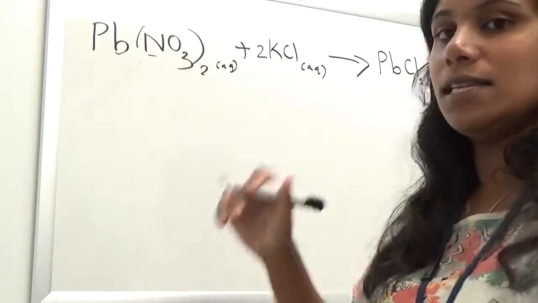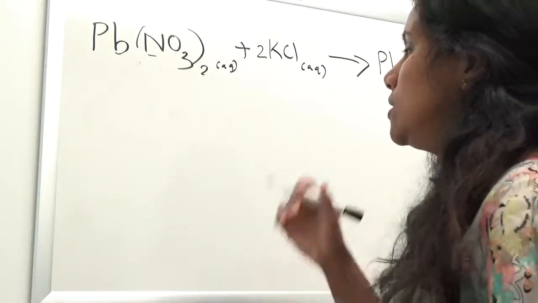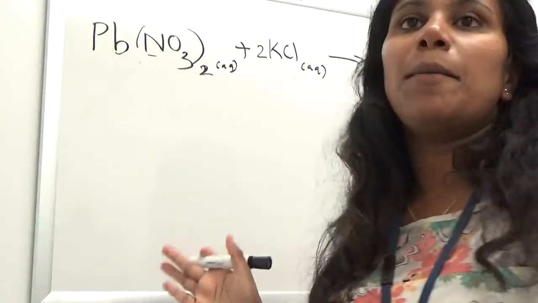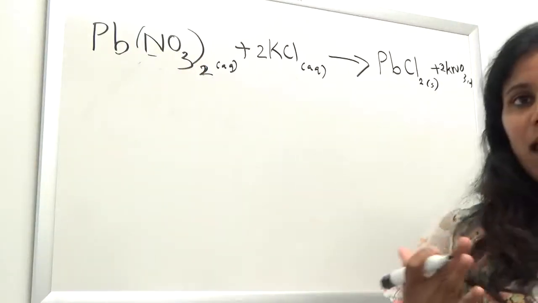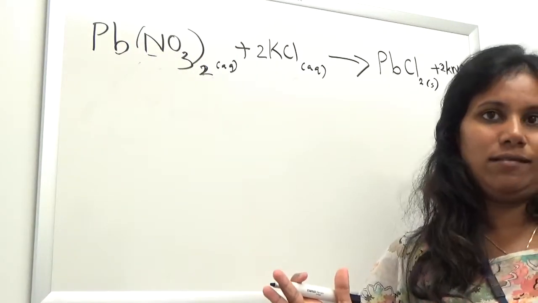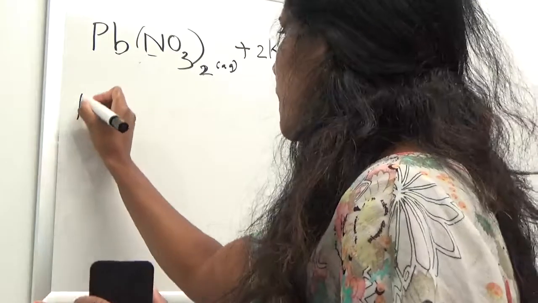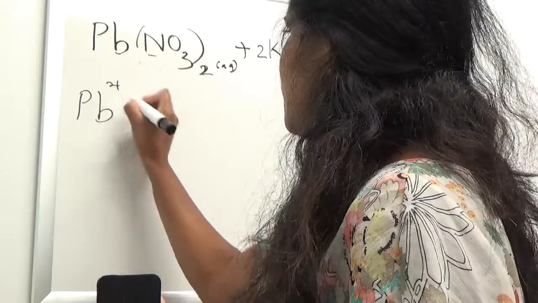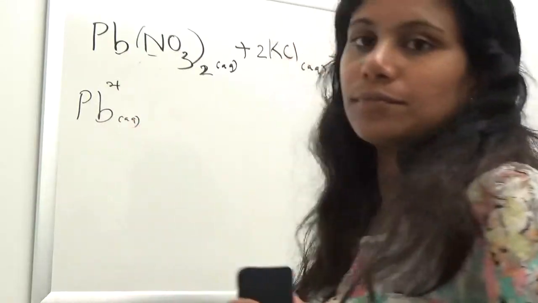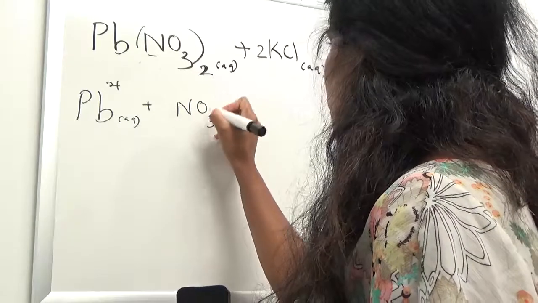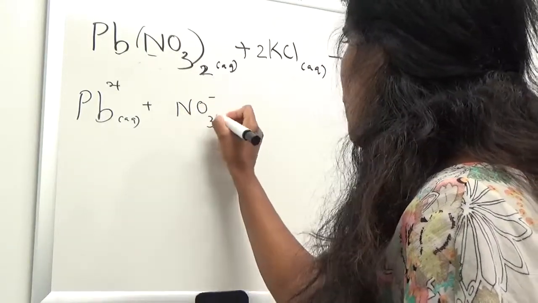Now I am writing the complete ionic equation. In the complete ionic equation, you separate any aqueous species into ions. So lead nitrate is Pb2+ aqueous plus NO3- aqueous.